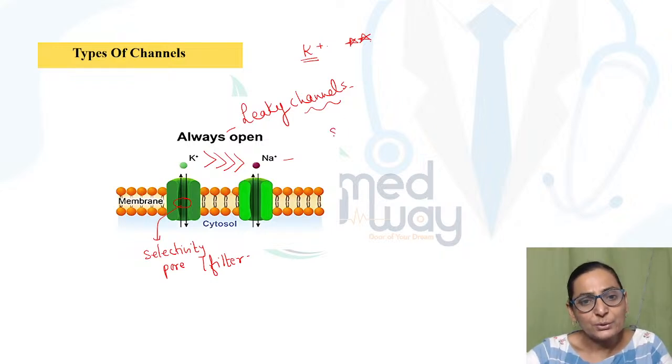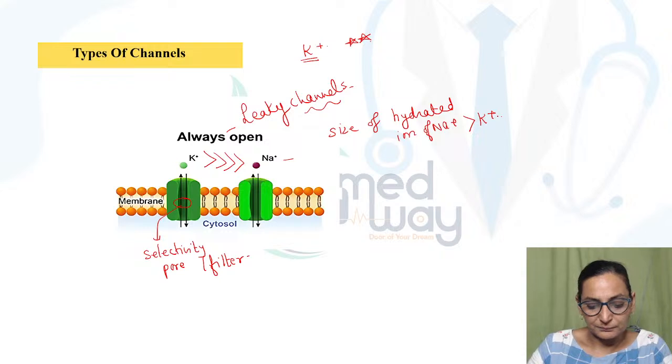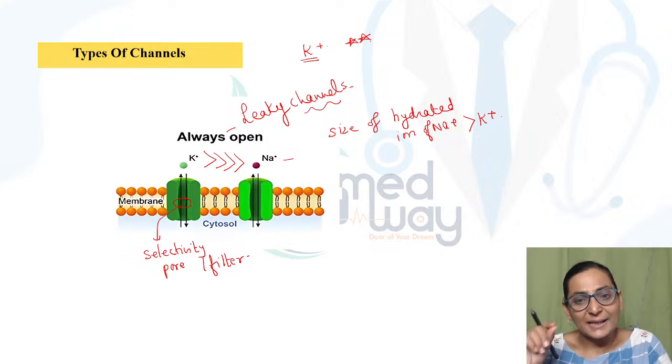But when you look into the size of the hydrated ion of sodium, the size is more than potassium. The size of the hydrated ion of sodium is more than that of potassium.